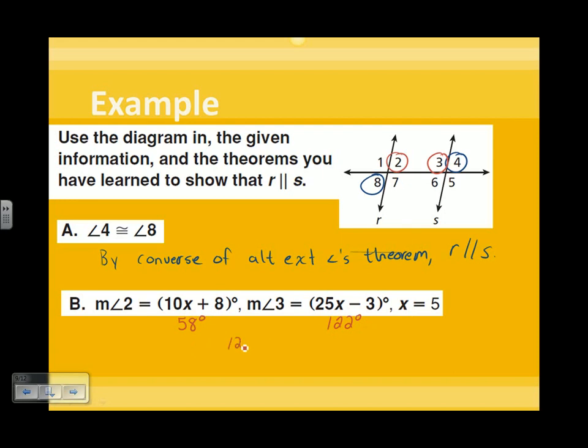And I know that 122 plus 58 equals 180. So it looks like because my same side interior angles are supplementary, the lines are parallel. So by the converse of same side interior angles, we can conclude that R is parallel to S.